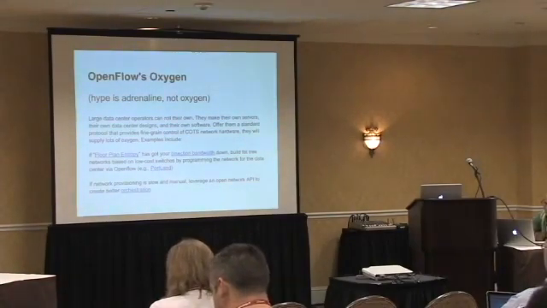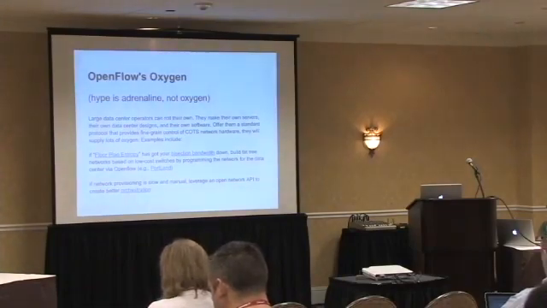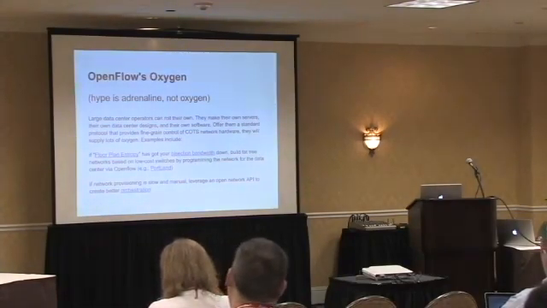And the more CAM or TCAM you put in a switch, the more power the switch is going to consume, the more the switch is going to cost. And at some point, that becomes kind of a prohibitive way to design a data center. Now, there are other ways to attack this problem, but one OpenFlow-centric way is to say, well, we'll use the Ethernet address differently in this scenario.